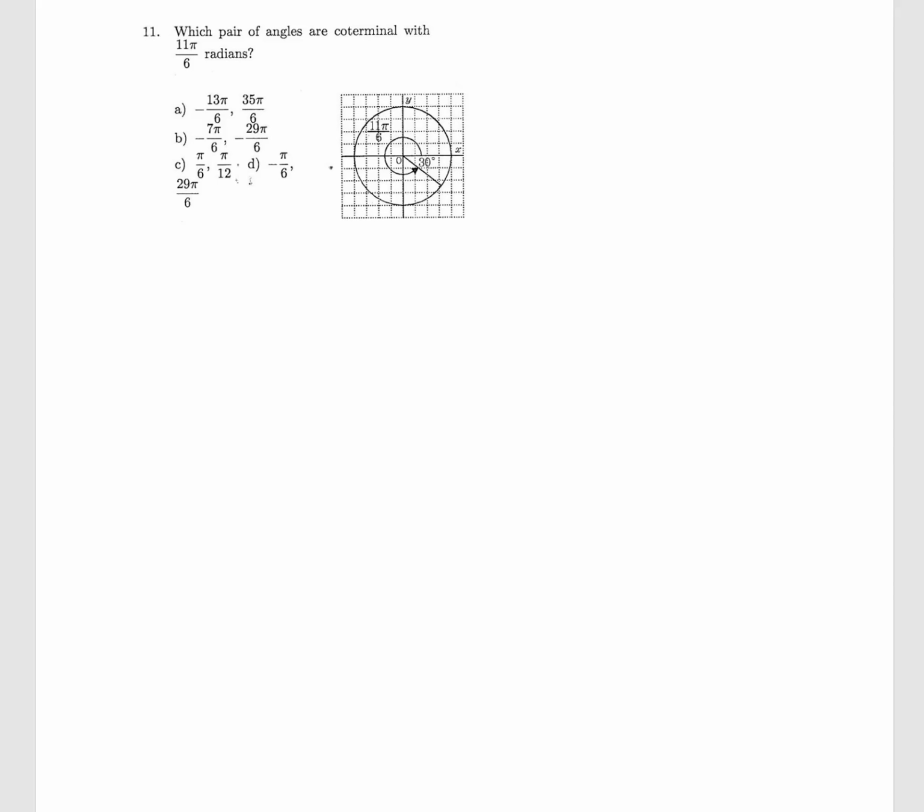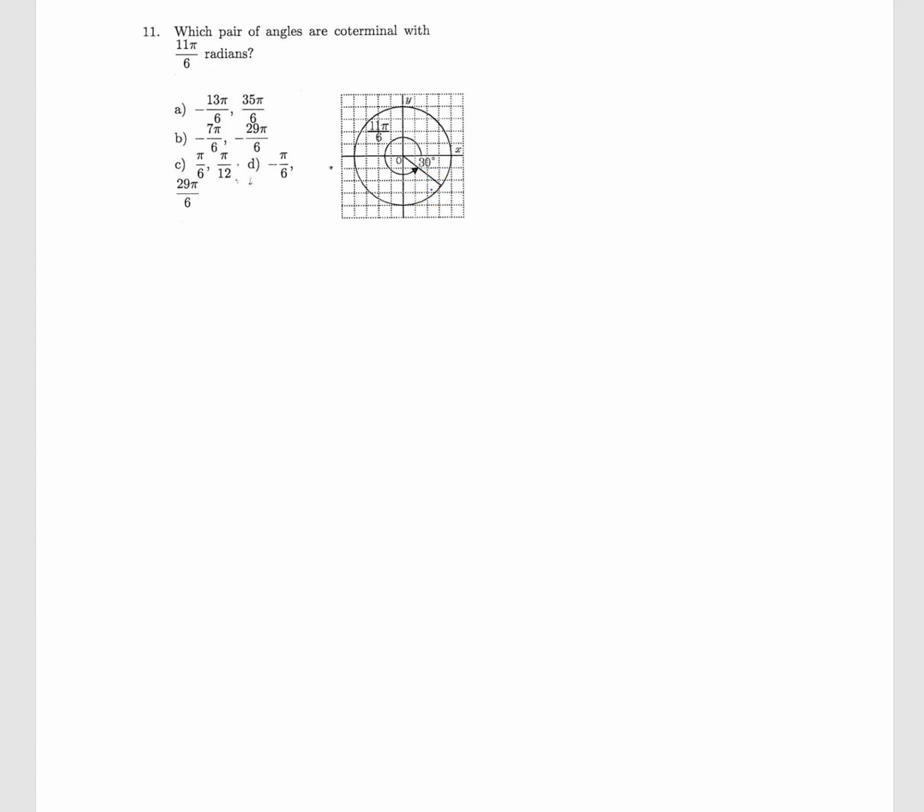Question 11 asks which pair of angles are coterminal with 11 pi over 6 radians. So we've been shown 11 pi over 6 in this diagram here, and we know for an angle to be coterminal, it has to fall in exactly the same spot.